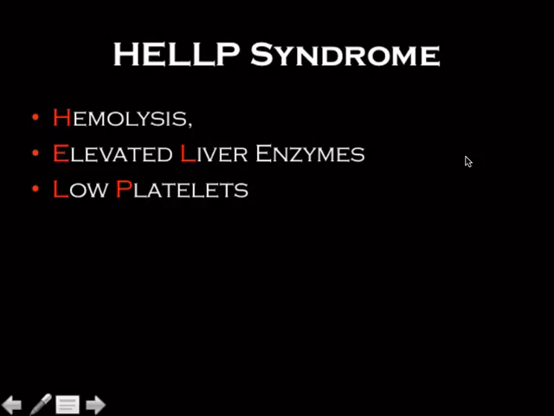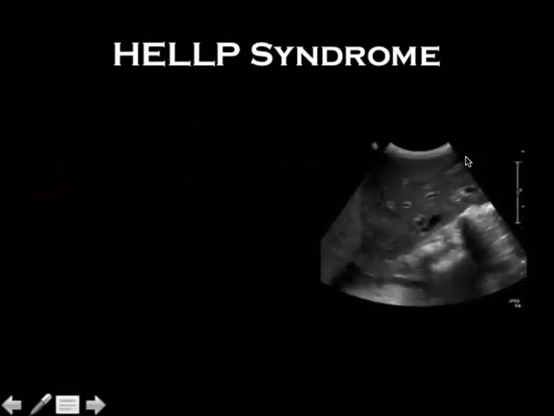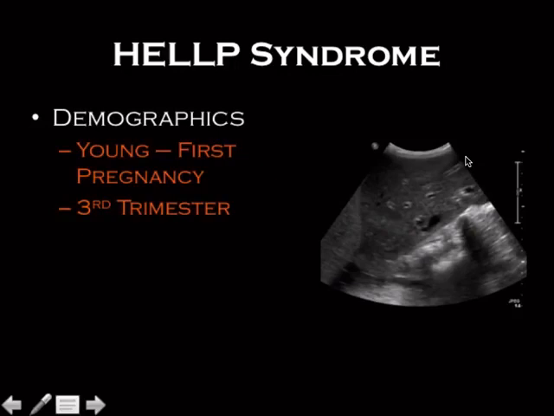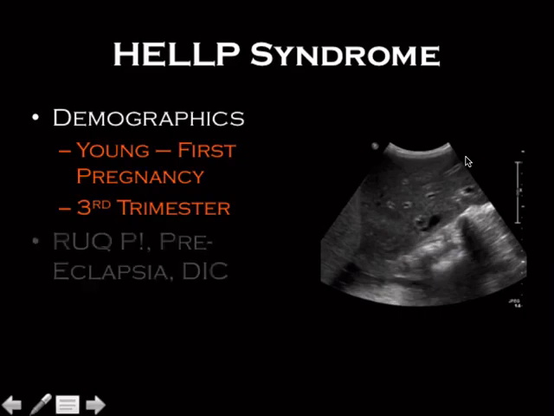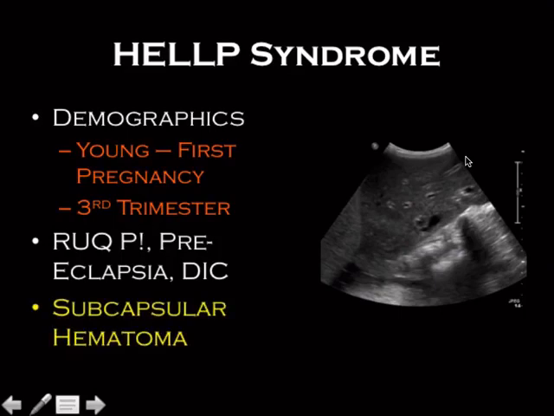HELLP syndrome. So this is a subcapsular bleed, right? That's the classic appearance. Who gets this? Young people, first pregnancy, third trimester, right upper quadrant pain, preeclampsia, DIC. It's bad news, but the imaging finding is a subcapsular hematoma.